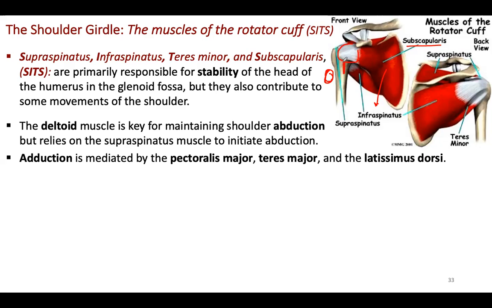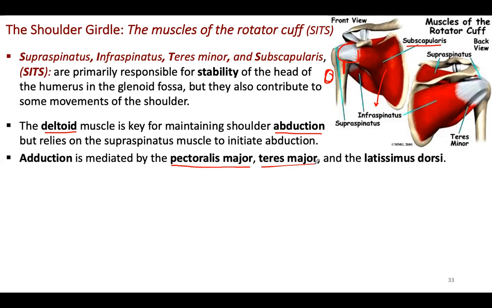In addition to the rotator cuff muscles, we have other muscles of the shoulder. Deltoid muscle is the key muscle for maintaining shoulder abduction, and adduction is mediated by pectoralis major and teres minor. In general, abduction is taking the limb away from the midline of the body.